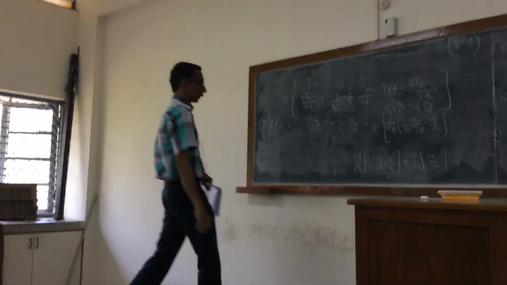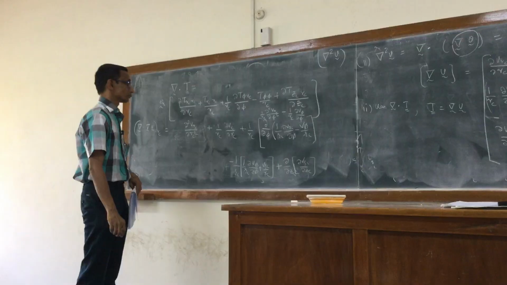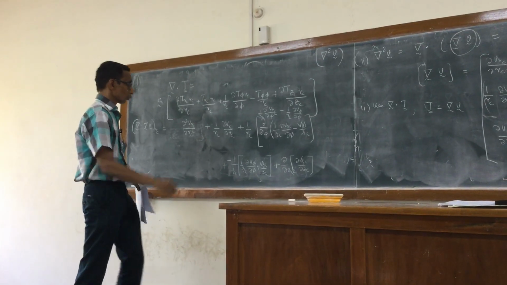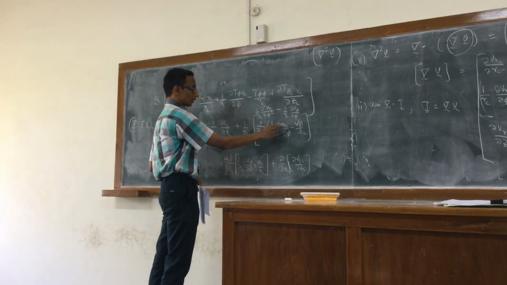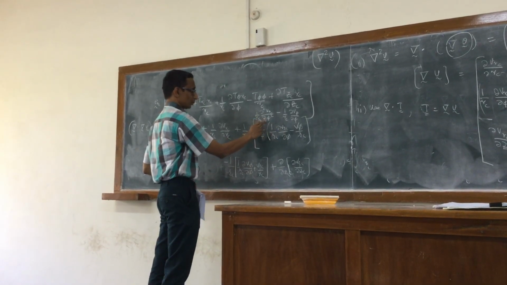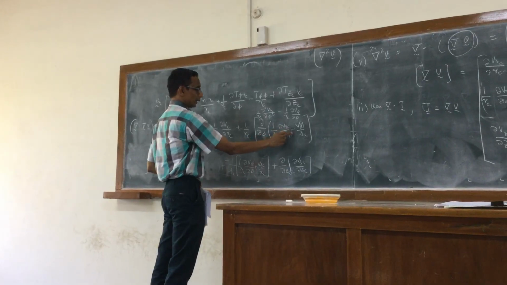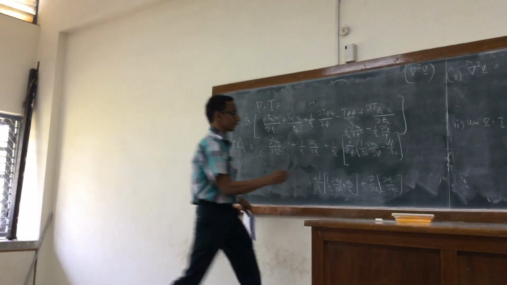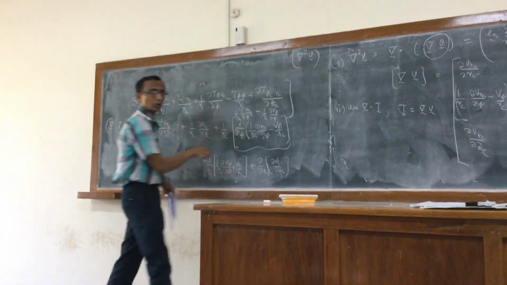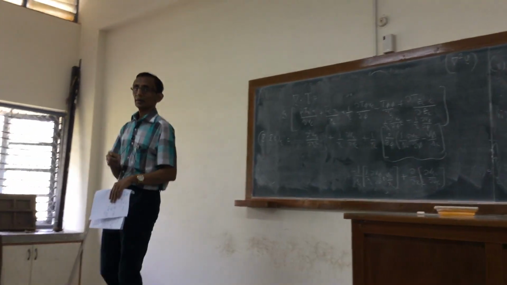No, 1 over RC is outside. That is there: 1 over RC d squared vRC by d phi squared minus 1 over RC dv phi by d phi. So I am writing only the terms within the bracket. There is a 1 over RC outside. Right?